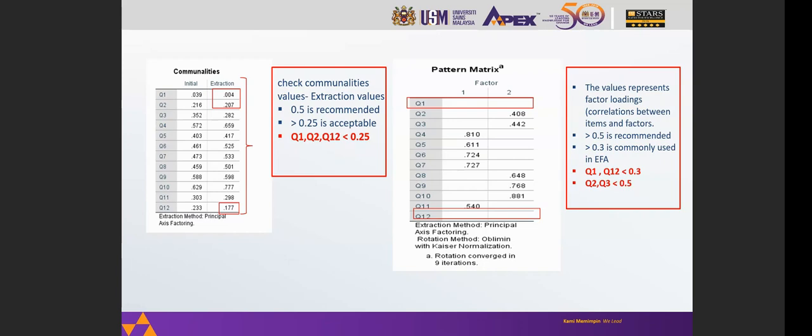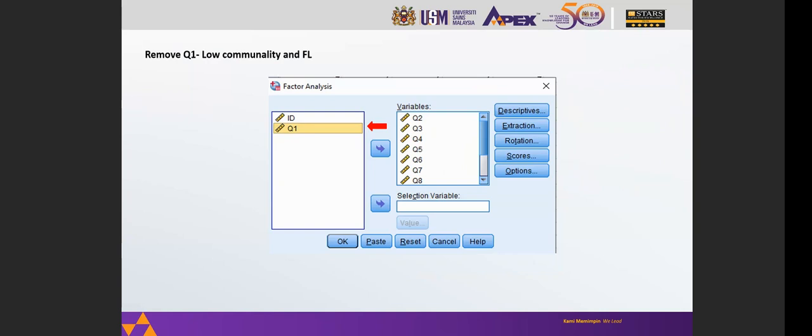The smallest communality is Q1, and Q1 also has a low factor loading. So I decide to remove Q1 first because of low communality and factor loading. We go again to Dimension Reduction, Factor, and you remove Q1.